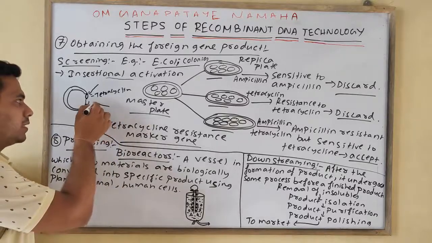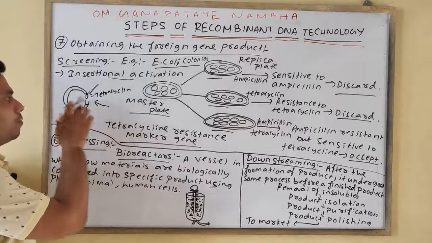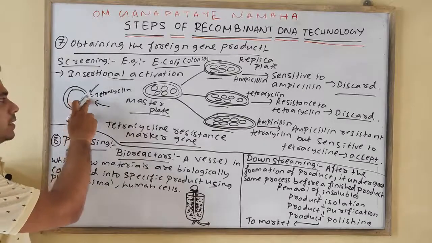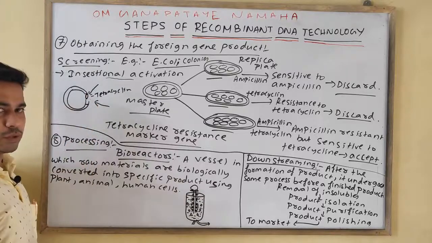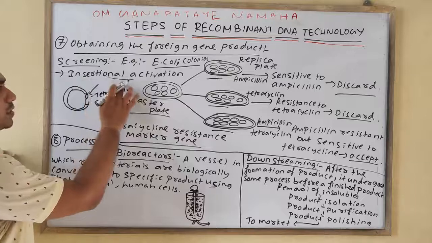Then if tetracycline is applied to this plasmid, before it was resistant, but as the gene is now absent, it will be sensitive to the tetracycline. This is known as insertional activation.